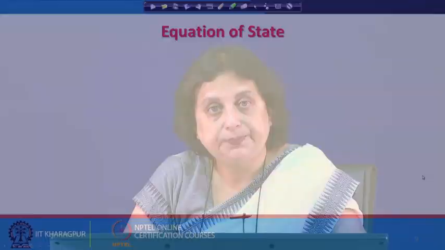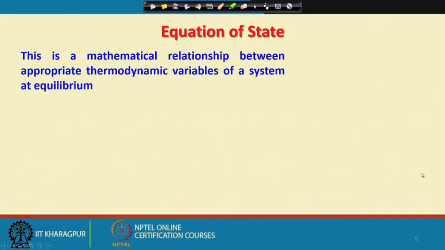And then we come across this very important concept of equation of state. What is the equation of state? This is a mathematical relationship between appropriate thermodynamic variables of a system at equilibrium. What I have here gives me interesting relationships.